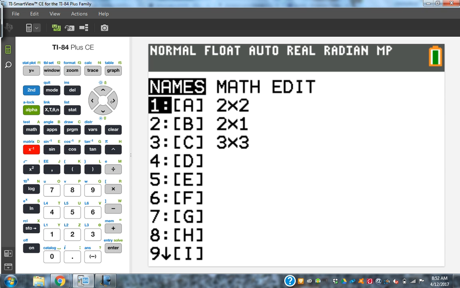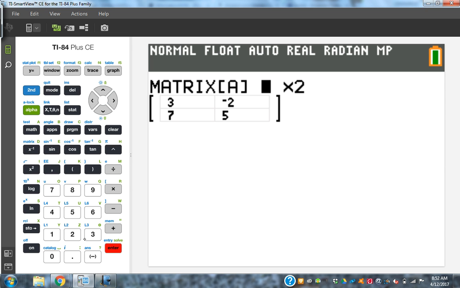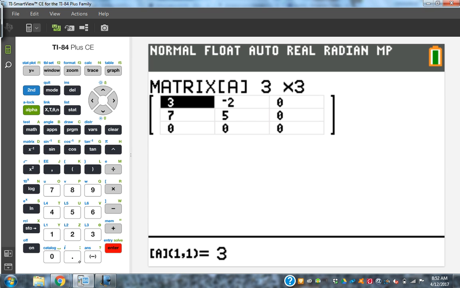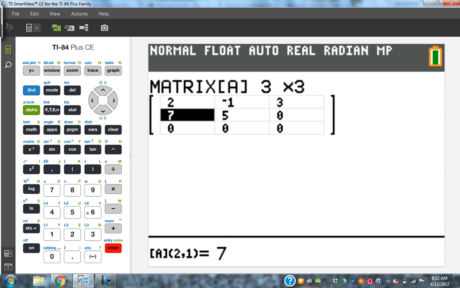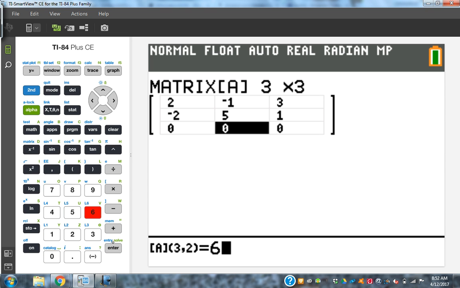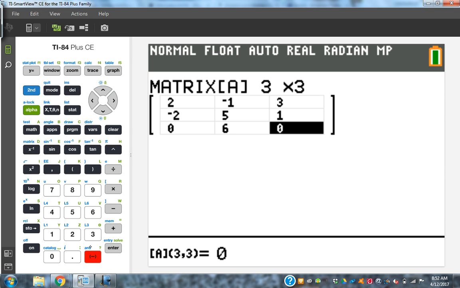Second matrix. Edit. I need a 3 by 3. I'll just put it in matrix A. 3 by 3. And then I'm putting in that matrix 2, negative 1, 3, negative 2, 5, positive 1, 0, 6, negative 9.